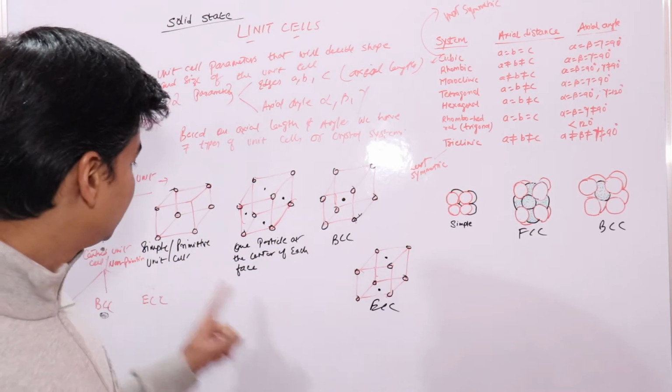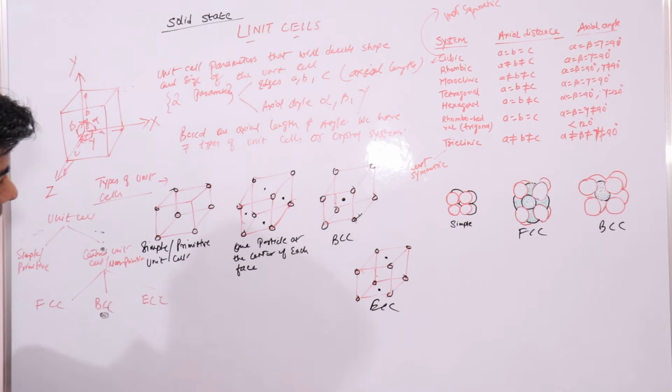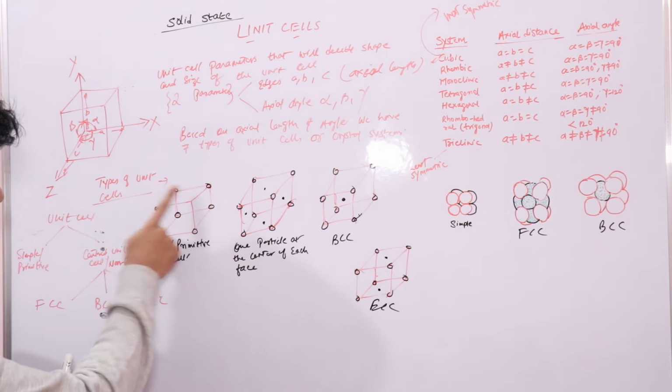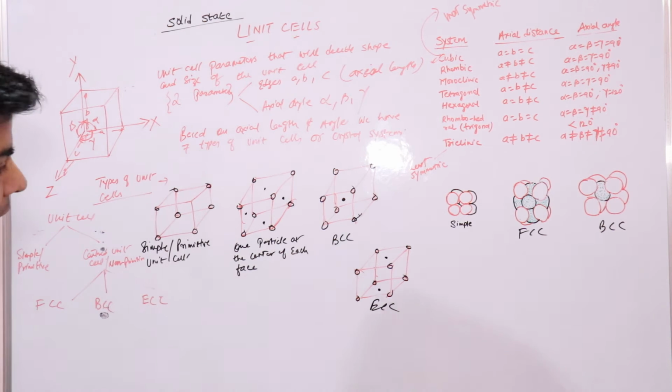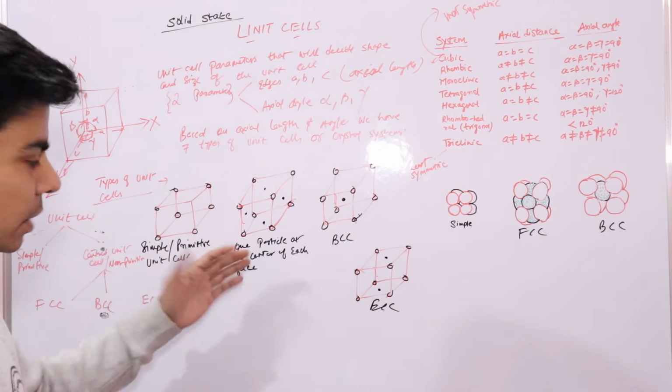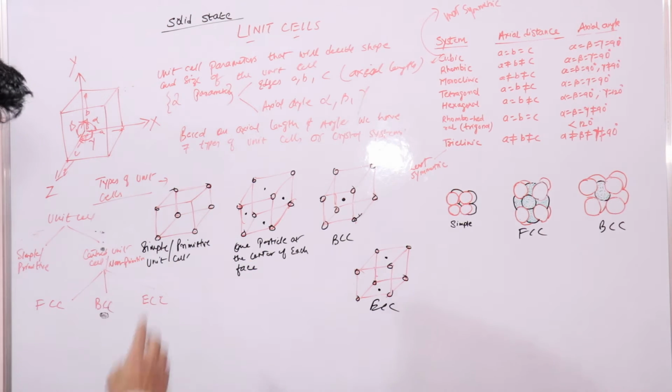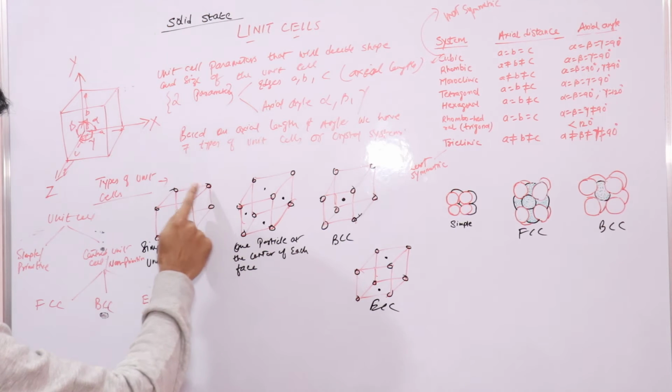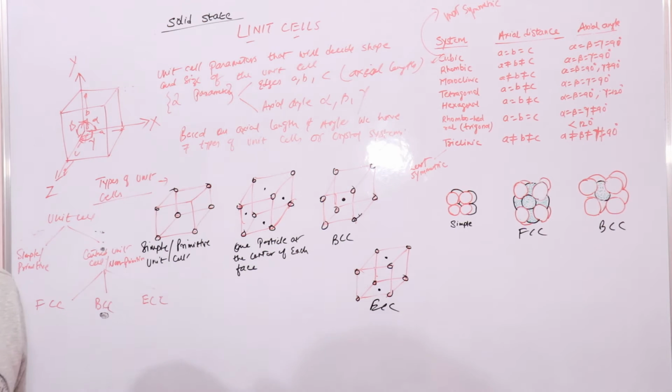It is similar to this, where four particles are present at the front of the cube. If you look at it in 2 dimensions, you can see 1, 2, 3, 4, 5, 6, 7, 8, and 1 is missing here.